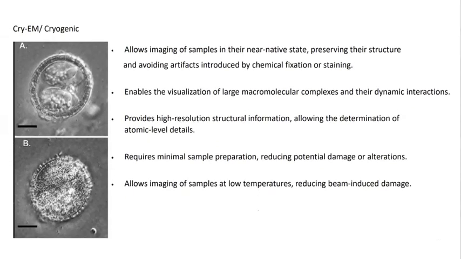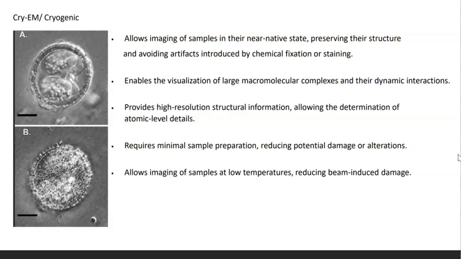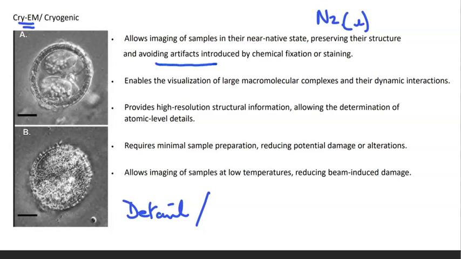More recently, a technique called Cryo-EM has been introduced, and the advantage of this technique is that first of all, the beam of electrons can be much more greatly focused, much more carefully so, and so the detail that we get is better. Also, because of the methodology, which usually involves liquid nitrogen, dropping the temperatures very, very low, this allows us to fix the specimen very, very quickly without introducing any artifacts.